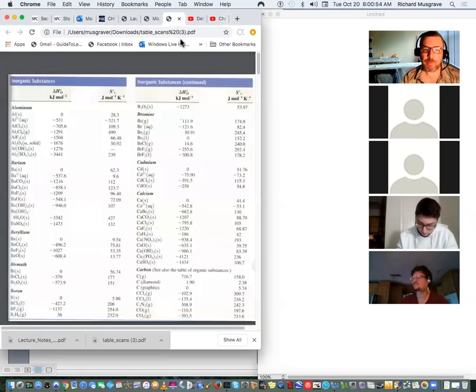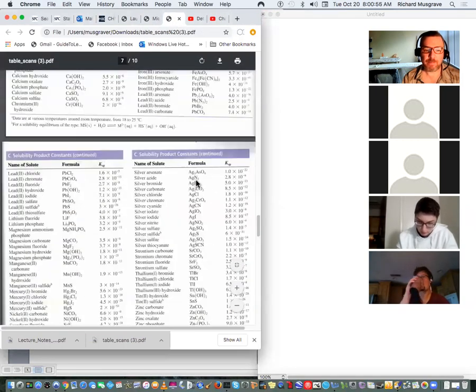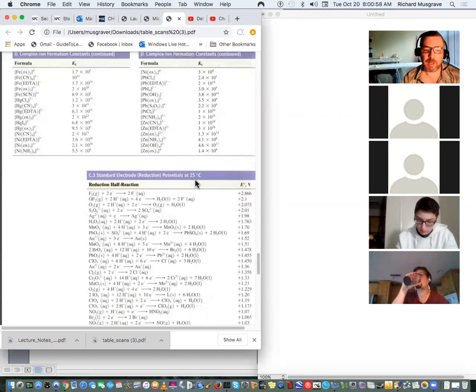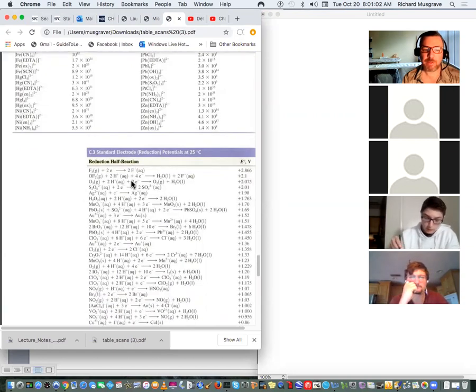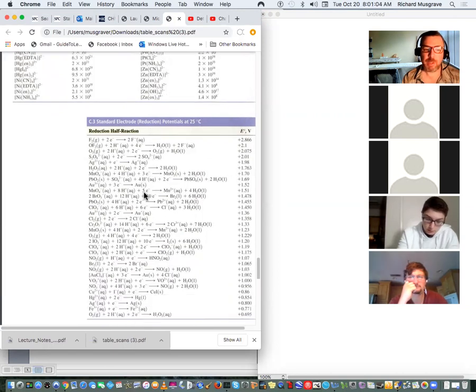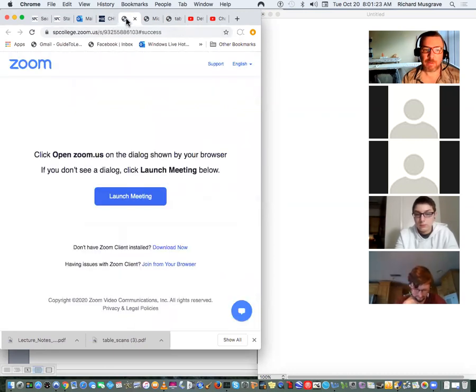The issue that we face is that every single half reaction that we look at in the standard electrode reduction potentials is indeed a reduction, which means the electrons are on the reactant side of every single equation. In order to turn a reduction into an oxidation, we simply need to flip the reaction, which means the electrons end up going on the product side. That means they're being given away, and that's what we want.